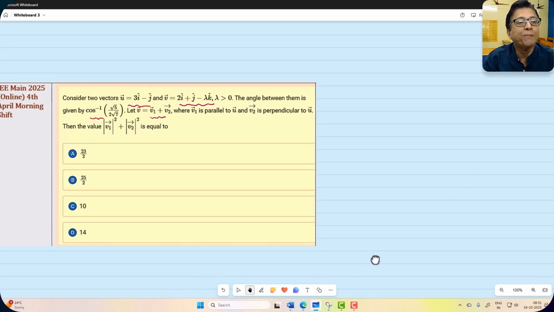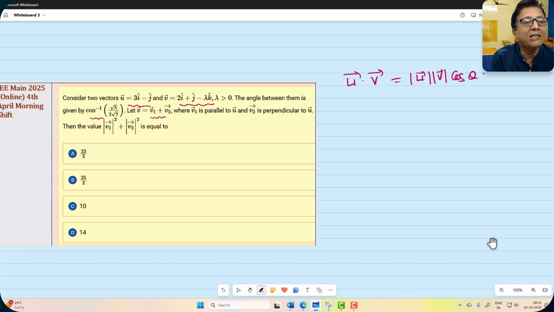So let us apply this concept first. Angle between them is given by this. So cos theta, if U and V are two vectors, U dot V is going to be equal to mod U mod V cos theta, you know. So here cos theta, theta is this, cos inverse.